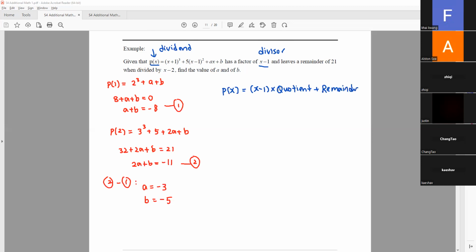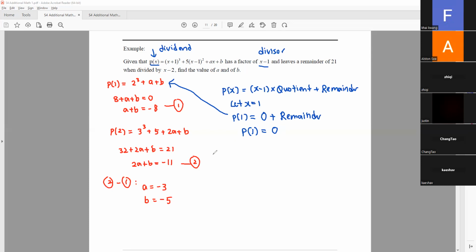So imagine now I want to get rid of the quotient, I let x be 1. So let x be 1, this becomes P(1). You can see P(1) is actually this. And this thing is just 0 because 1 minus 1 is 0, 0 times quotient will be 0, plus remainder. So you can see that P(1) is actually your remainder. And what is your remainder? Because x minus 1 is a factor, the remainder is actually 0. That's why P(1) equals 0.